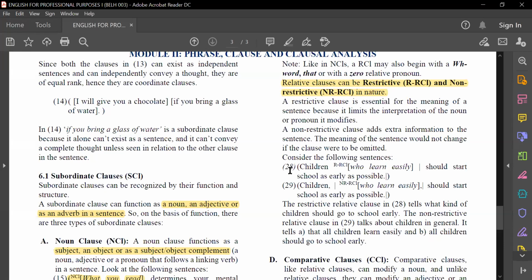Let's look at the example over here. If we say that children who learn easily should start school as early as possible, and the same sentence with a comma, children, who learn easily, should start school as early as possible. By the help of a comma, you need to say these sentences in a different way, right? What is happening here?